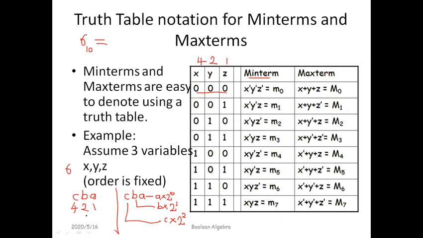To come up with 6, we add 4 and 2, and the third will be replaced by a 0. So we'll have a 1 and a 1, then a 0, and this is base 2.